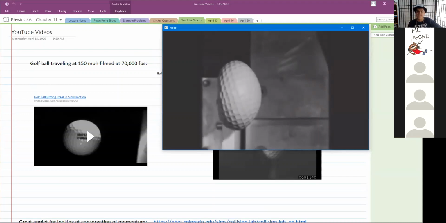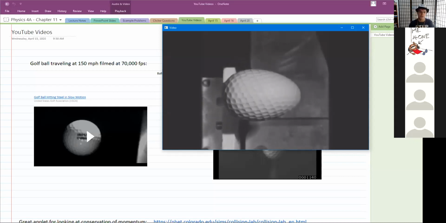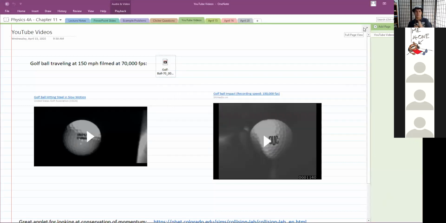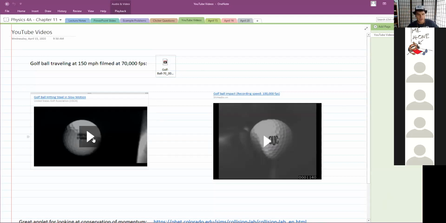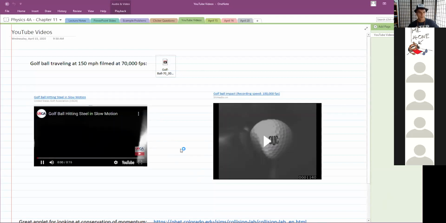Now, this is not a real video of the real golf ball. This is basically one of those rubber squishy balls that looks like a golf ball. But the whole concept is the same. Anytime I have a real collision, the object hits the, let's say, the wall in this case, starts compressing, reaches some maximum compression, starts expanding again, and then if we were to look at a real video, this is a more realistic video.